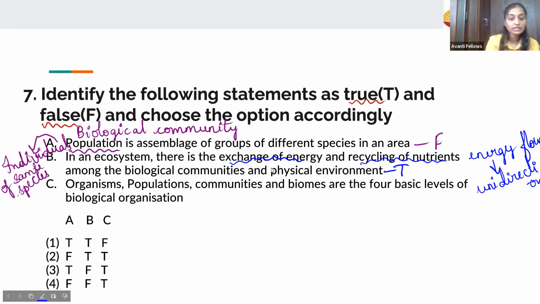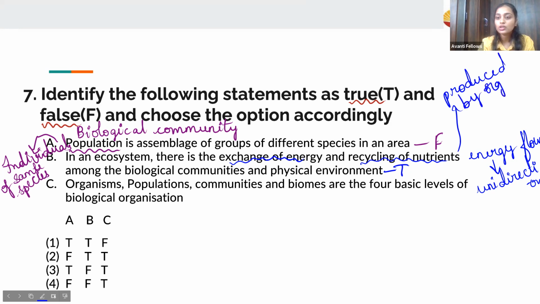Yes, so there is an exchange of energy in our ecosystem, and we all know that nutrients are produced by the organic and inorganic matter of the ecosystem.